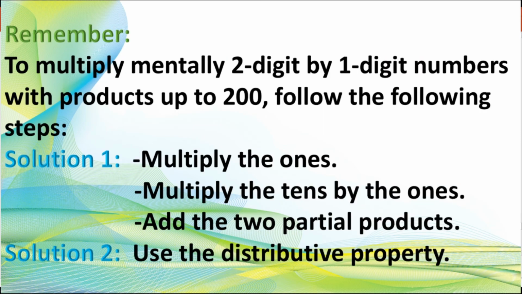Remember, to multiply mentally 2-digit by 1-digit numbers with products up to 200, follow the following steps. Solution 1, multiply the ones, multiply the tens by the ones, then add up the partial products. Solution 2, use the distributive property.